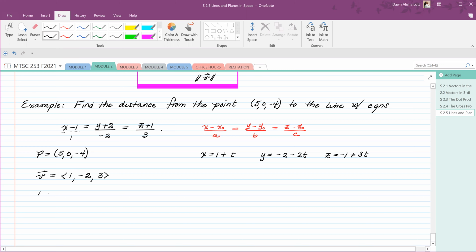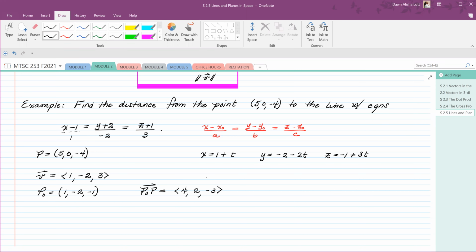So P naught, a point on the line, is the point 1, -2, -1. So now I need to find P naught P. So P naught P says take 5 minus 1, that's 4. Take 0 minus -2, that's 2. And -4 minus -1 is -3. So now I have computed P naught P.